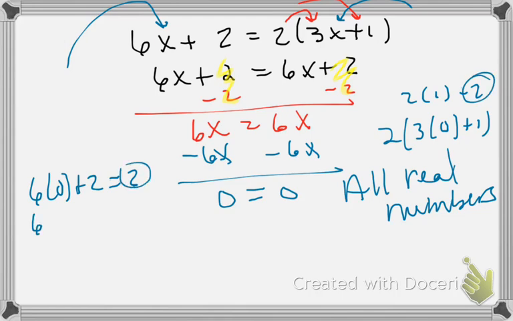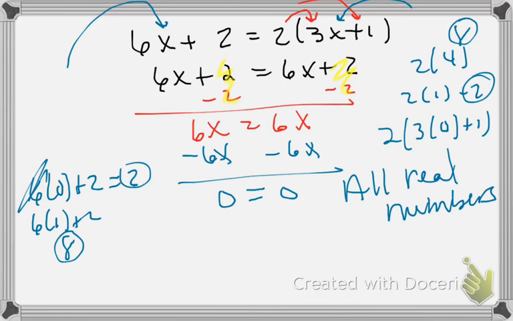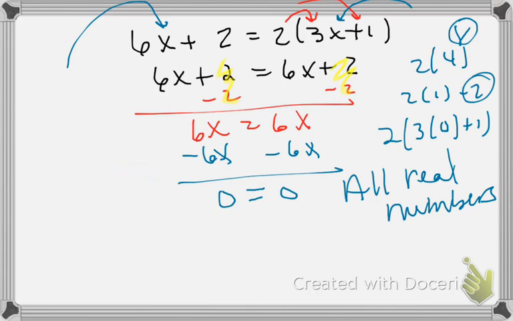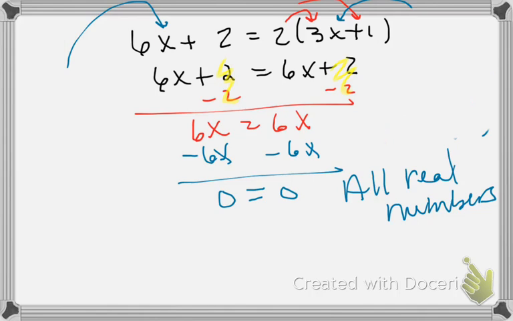If I put 1 in here, this would be 8. Over here, 3 plus 1 is 4, times 2, that would be 8. No matter what numbers I put in there, it's going to work. So all the possible numbers can work. That's why it's called all real numbers.